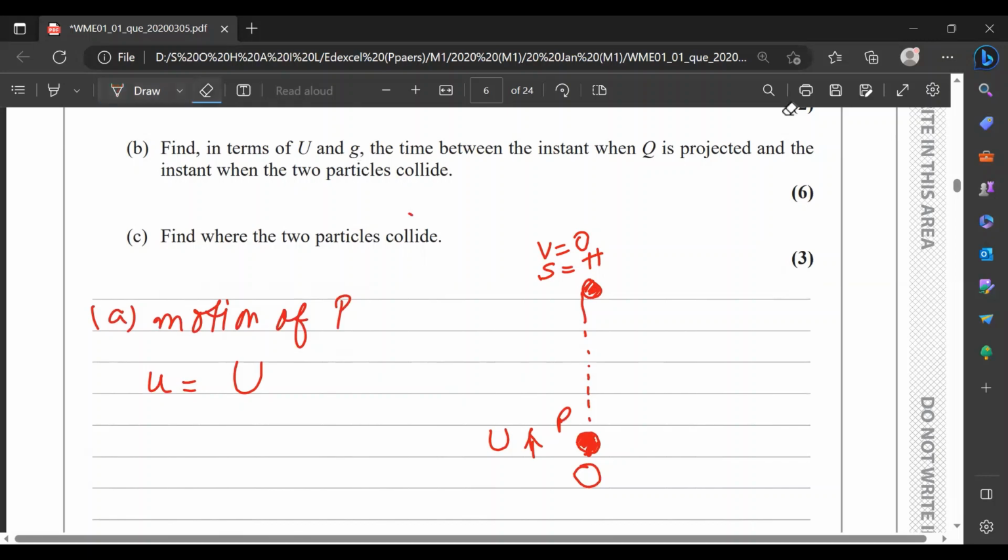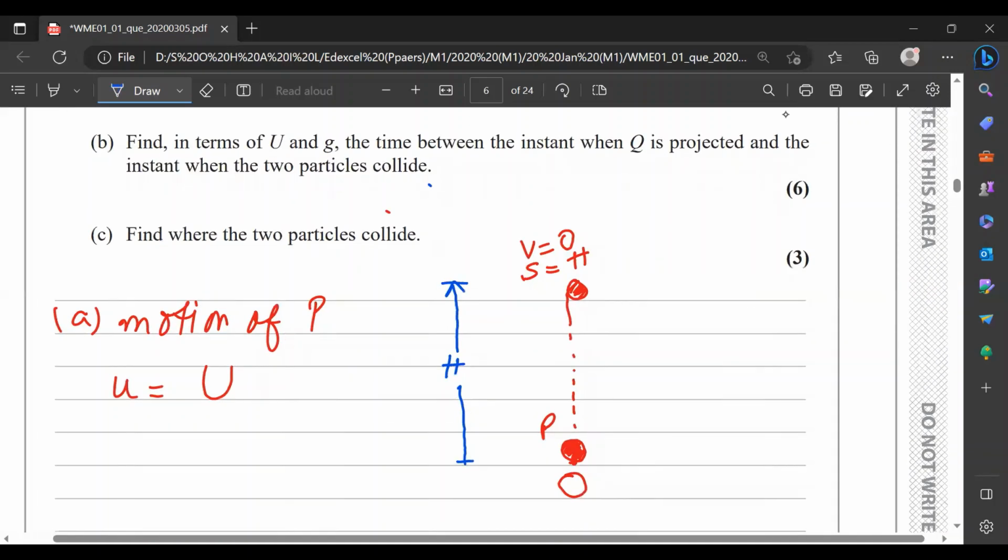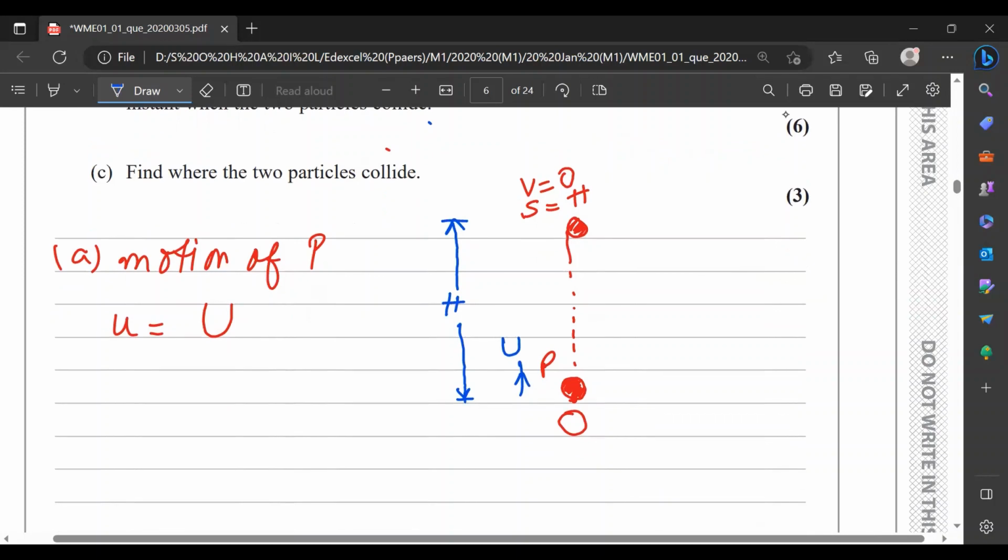I can use a different color. This is h, and project it with u. So let us write the data here.